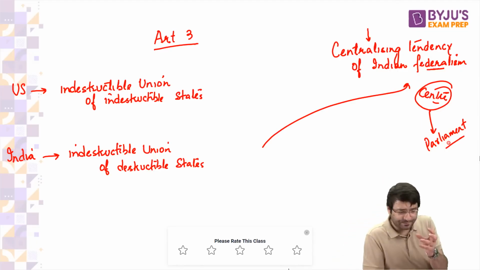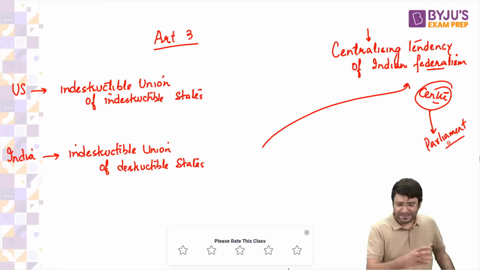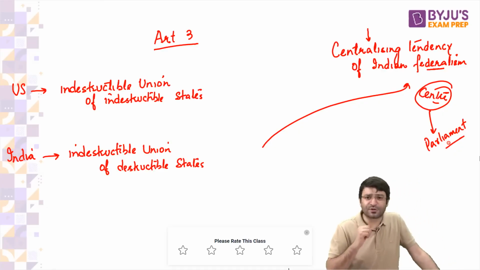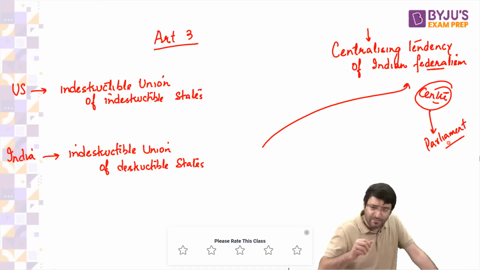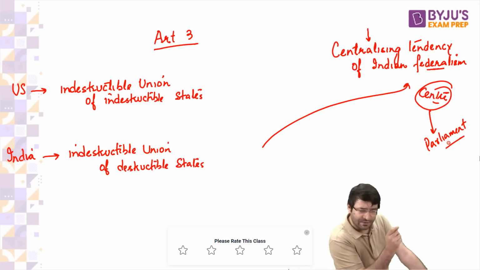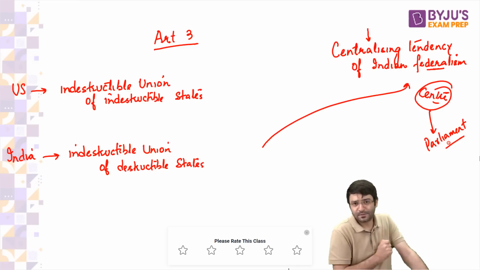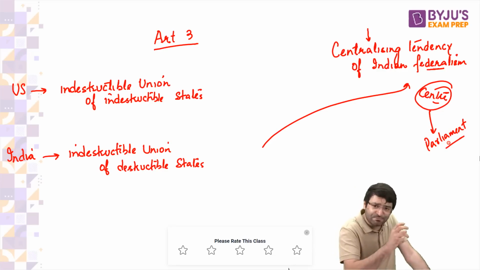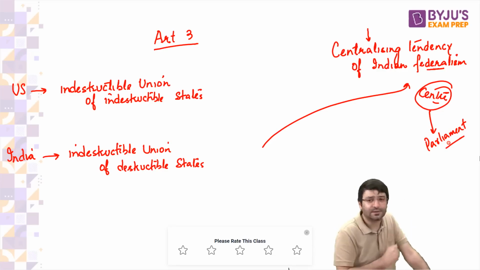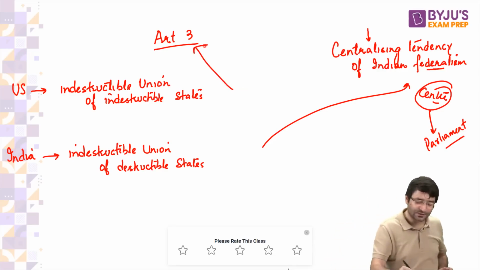So when we say that our constitution is federal, there are some features of the Indian constitution which give it a strong central bias. One such feature is Article 3.